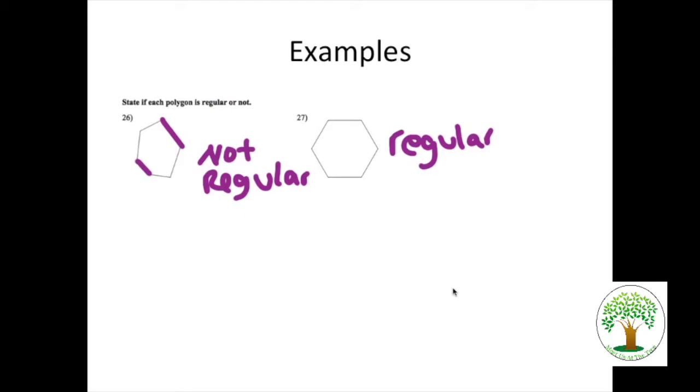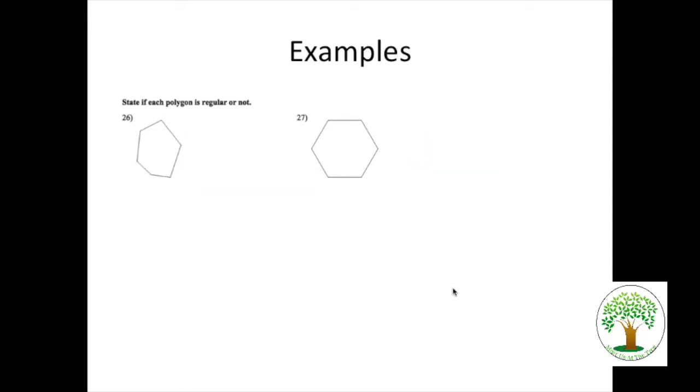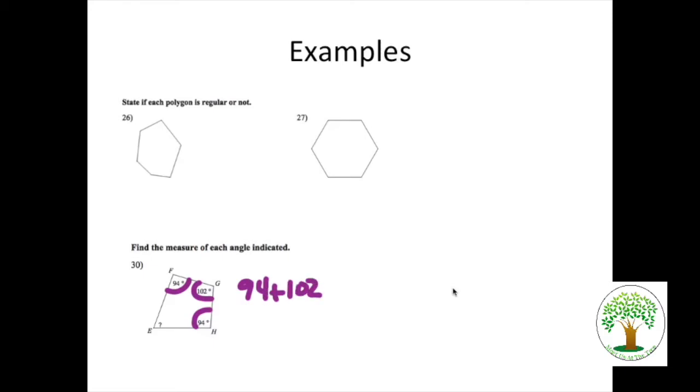All right. So there's more on that page for you to do. Now we're going to get some numbers in here. You might need a calculator out, and that is okay. I don't mind. We said that the measures of those interior angles should add up to how much? 360. That's correct, 360. So I have 94, 102, and 94. If you would like to do it this way, you could write the 94 plus the 102 plus the 94 plus x equals the 360.